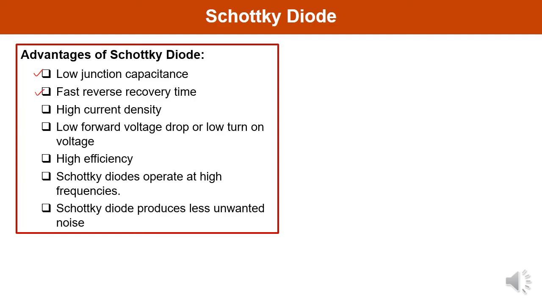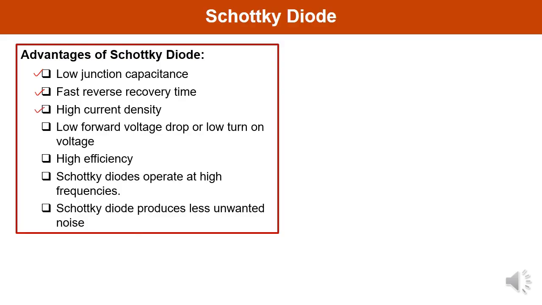Second is the fast reverse recovery time. What do you mean by this? See, the amount of time a diode takes to switch from on state to off state is known as reverse recovery time, and reverse recovery time is very fast because switching is being held at a very high rate. That is why you can say this point.